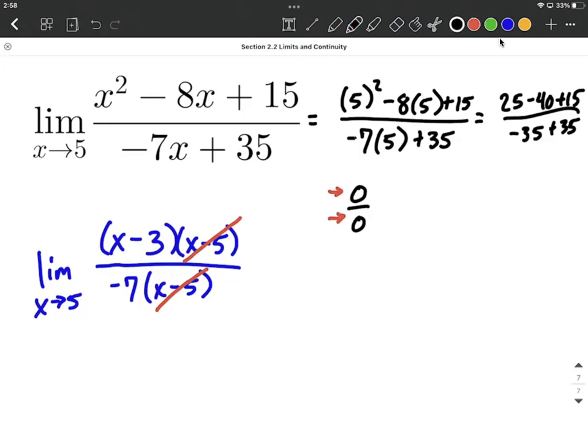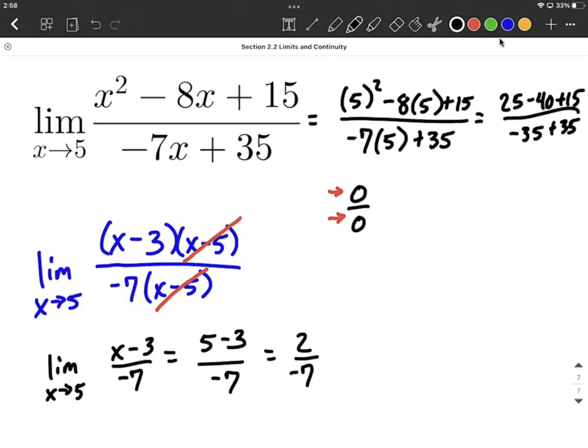So what that's going to do for us is finding the limit of that big rational function at the beginning is going to be equivalent to finding the limit of the smaller rational function that's been put into lowest terms. All right, so now back to replacing the x with 5, we get 5 minus 3 over negative 7, which will be 2 over negative 7, and that's going to be our limit for that big rational function at the beginning. Works out to be negative 2 sevenths.